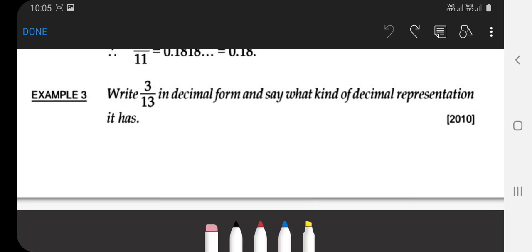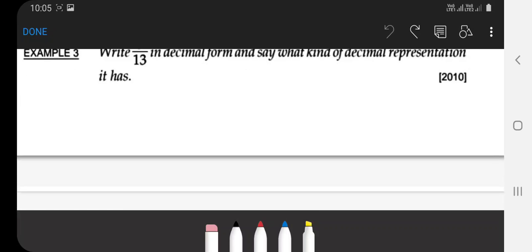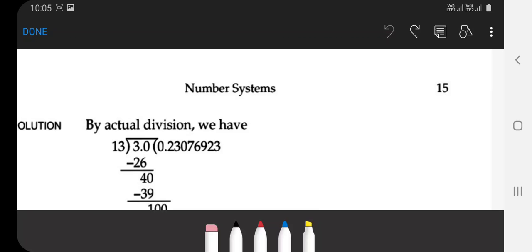Write 3 by 13 in decimal form and say what kind of decimal representation it has. So divide 3 by 13.